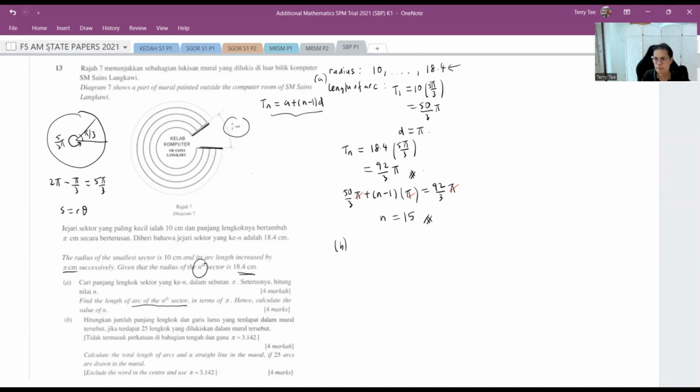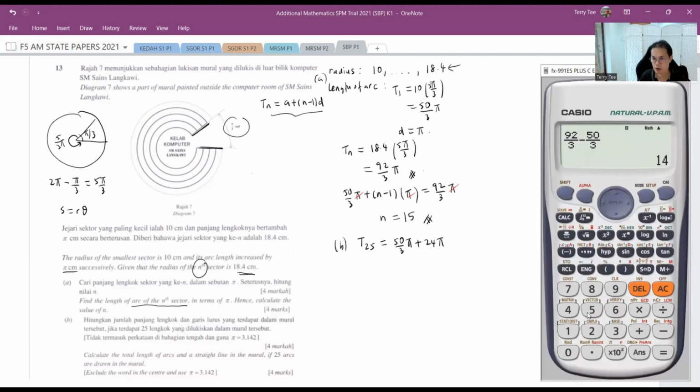Let's use T25. Now we know your a, the length of the first one, is 50 over 3 π. Your n minus 1 is 24. My common difference is π.